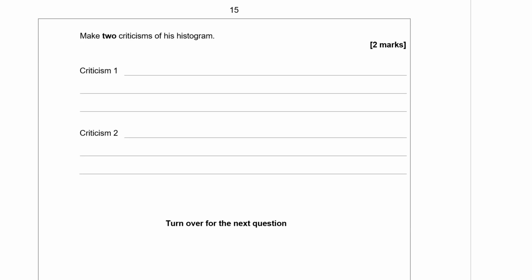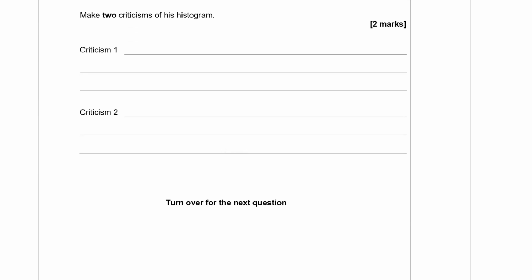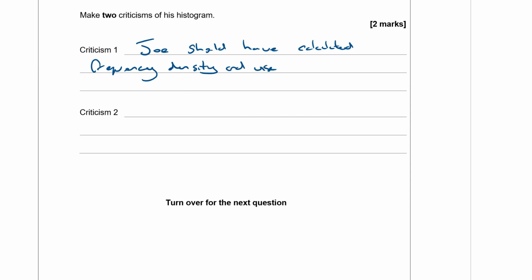So let's write that down. My 2 criticisms are: Joe should have calculated frequency density and used this for his y-axis scale.